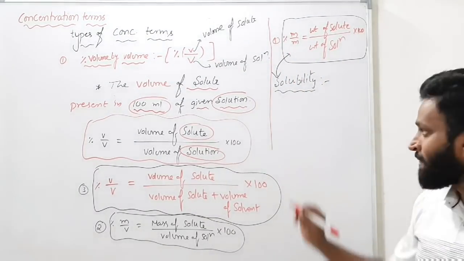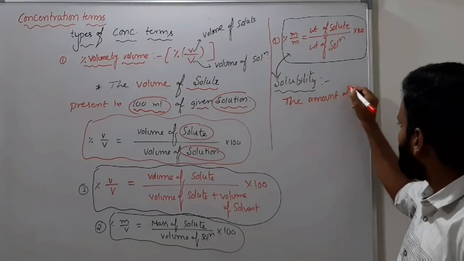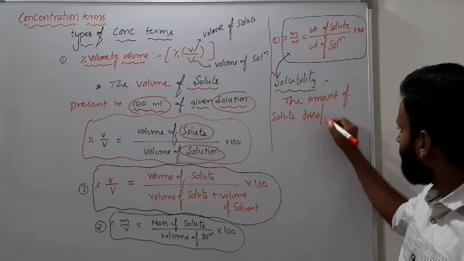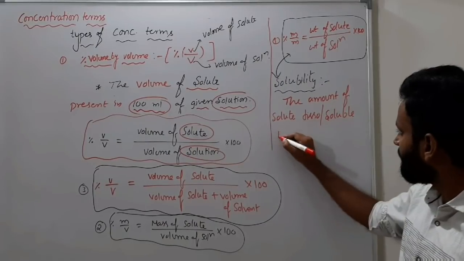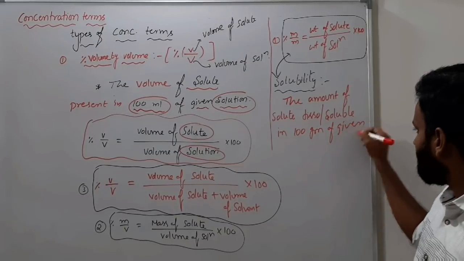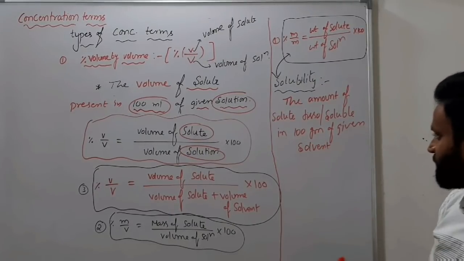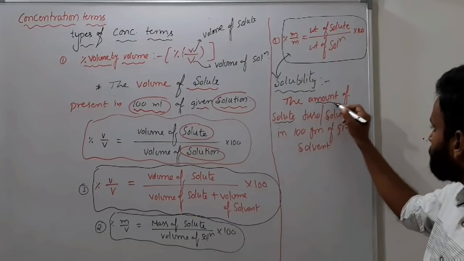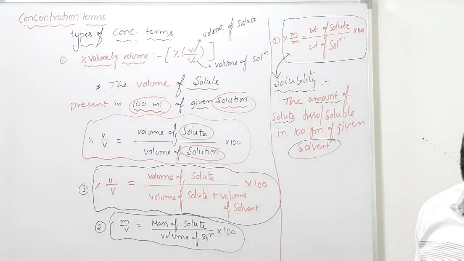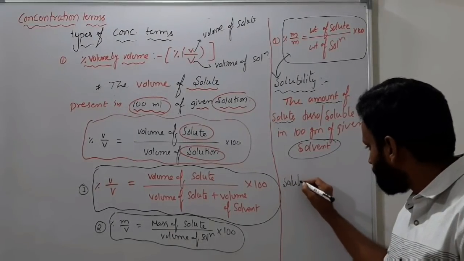But solubility means the amount of solute dissolved or soluble in 100 grams of given solvent. This is very important. So what is the solubility formula?